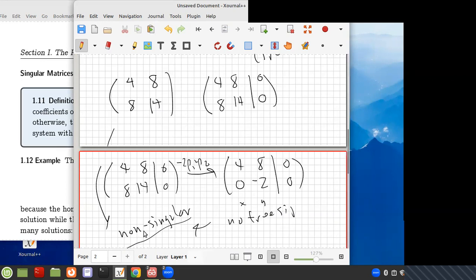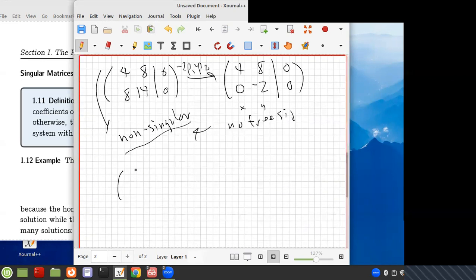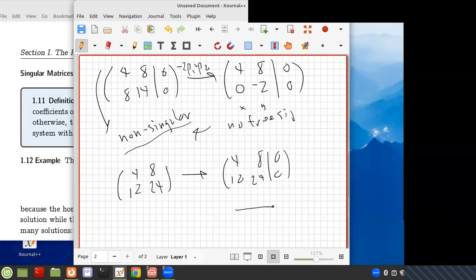Okay, but if you had the matrix instead, 4, 8, 12, 24, you would do the same thing, 4, 8, 12, 24, 0, 0, and then you would do minus 3 row 1 plus row 2 to find 4, 8, 0, and then that would give you 0 and 0 and 0, hopefully.